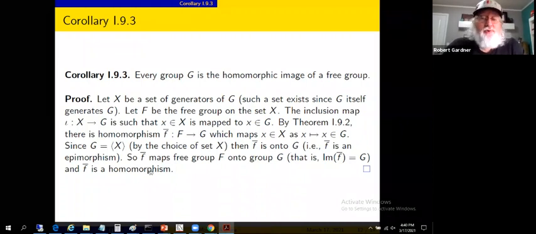That is, it's an onto homomorphism, it's an epimorphism. So F bar maps free group F onto group G. In other words, the image of F bar is G. F bar is a homomorphism. Group G is the homomorphic image of the free group. And the homomorphism is this homomorphism F bar defined above.